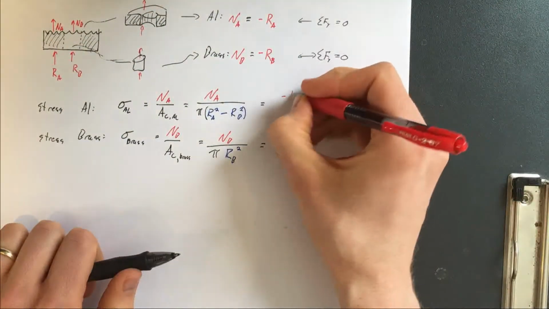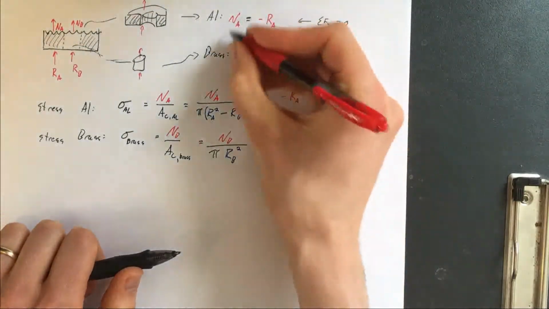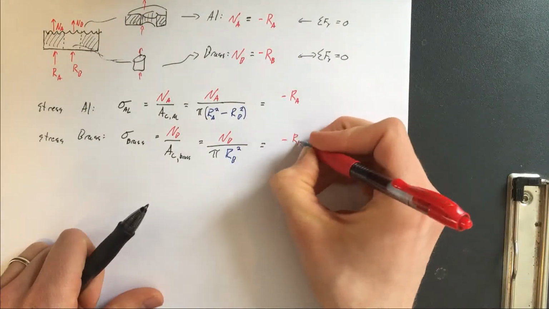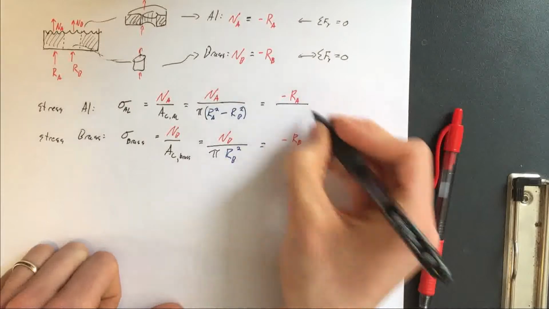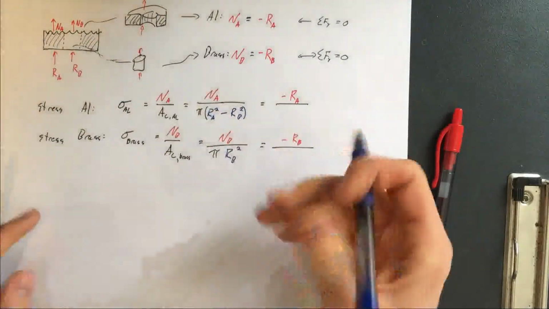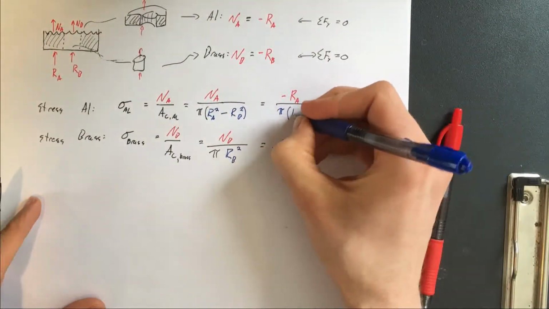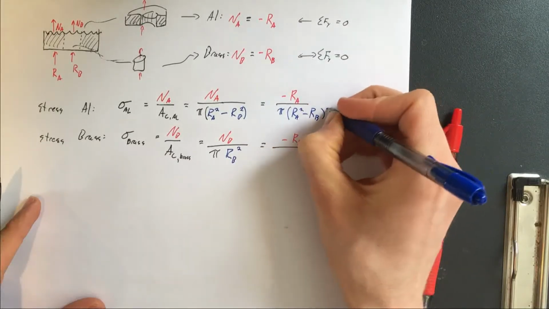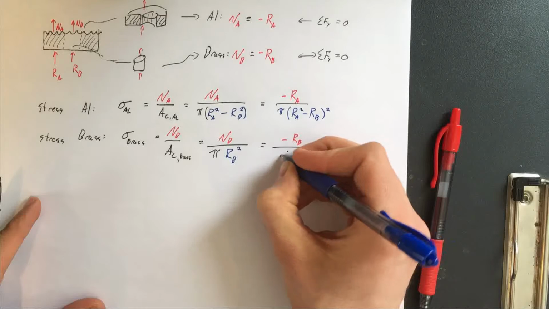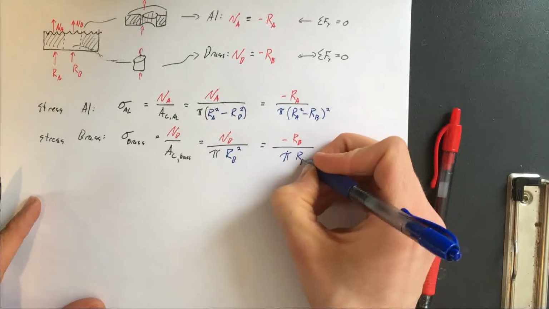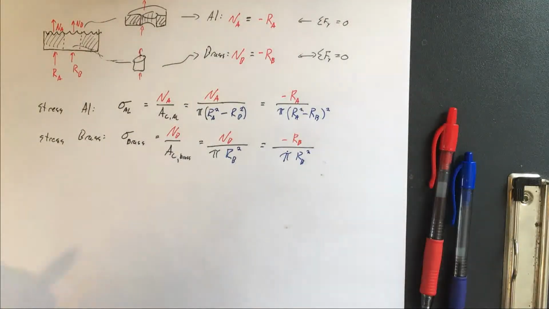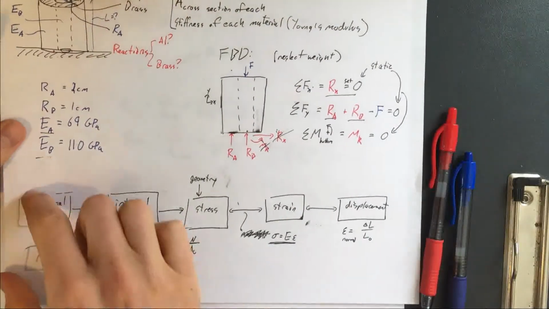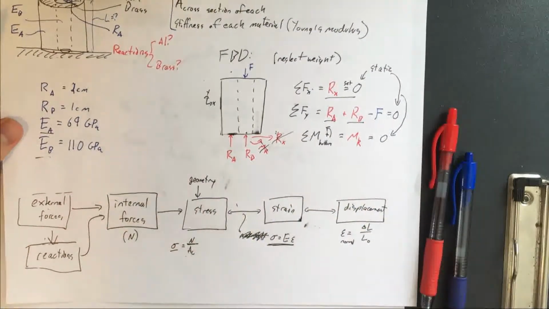So in this case, it'd be minus RA when I sub in that, and here we have minus RB, and they'd both be over the respective areas. So there we are.